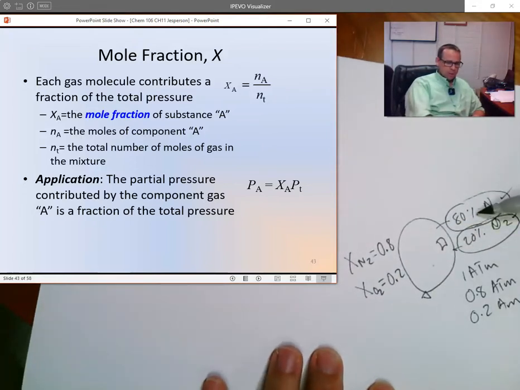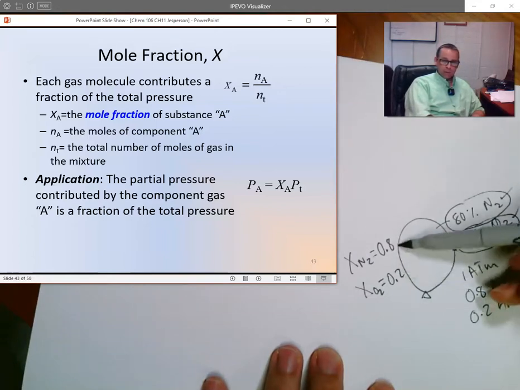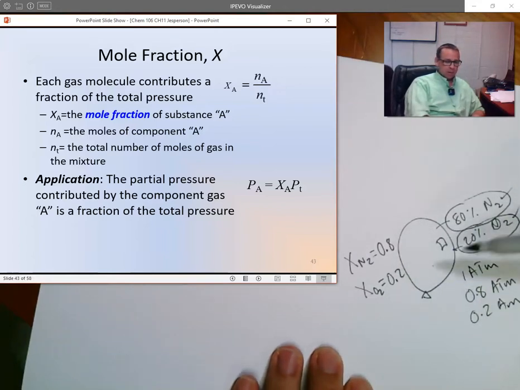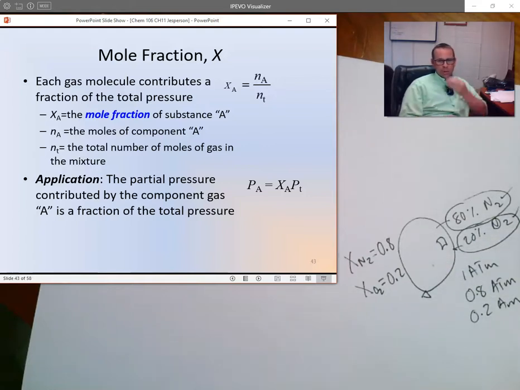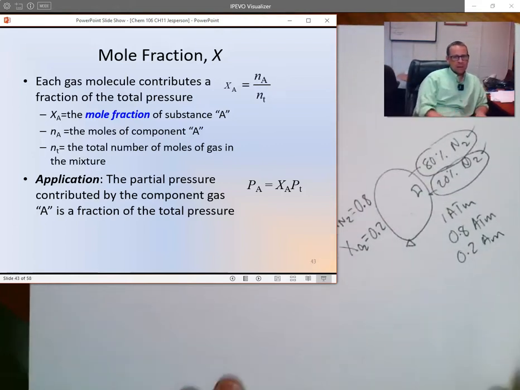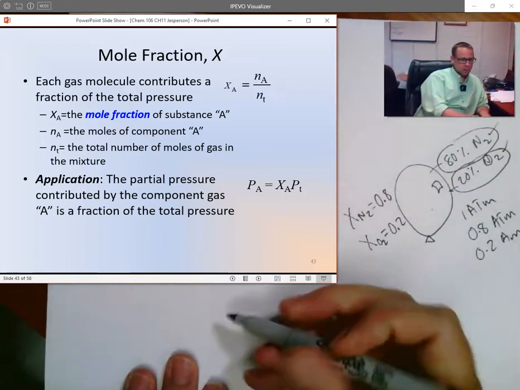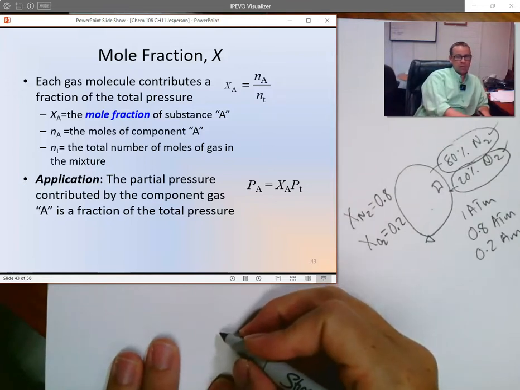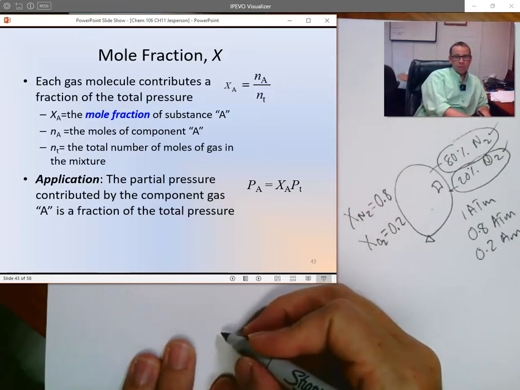So we can talk about it in terms of percentage of the gas or mole fraction, because as we've identified, the volume of a gas is directly related to the moles of material when we're in the gaseous phase. Right? Let's do a quick review on that subject that we just said, that the volume of gas is directly related to the moles of the gas because they're in a gaseous phase.